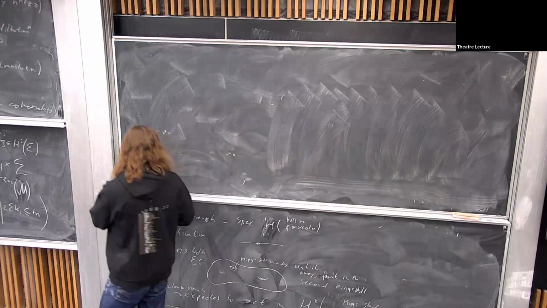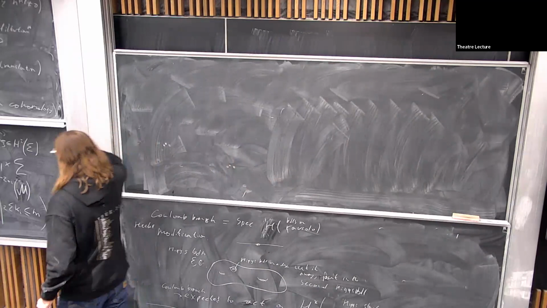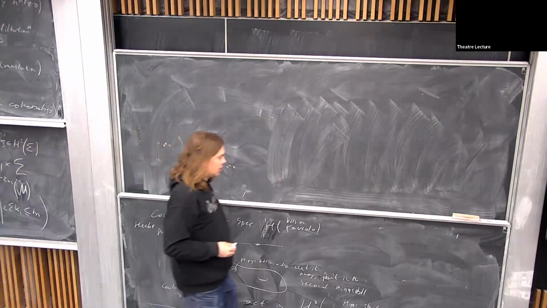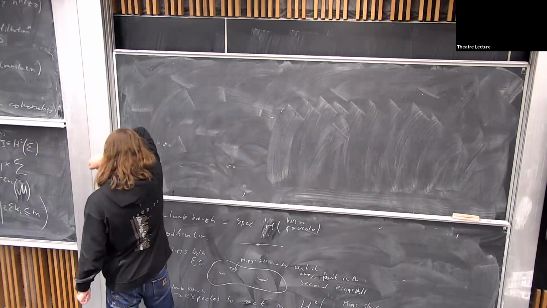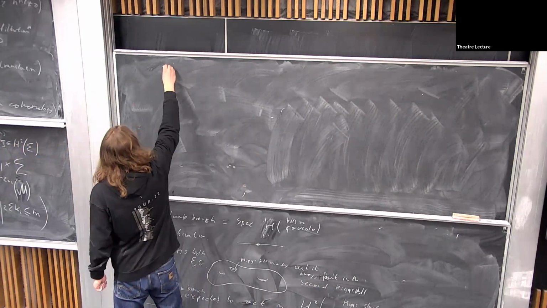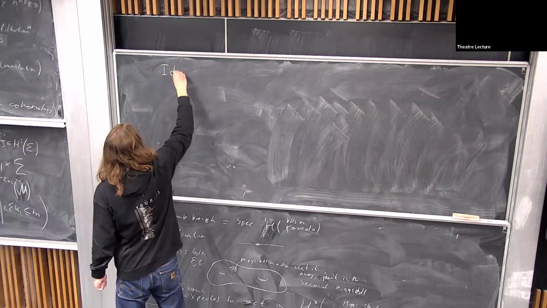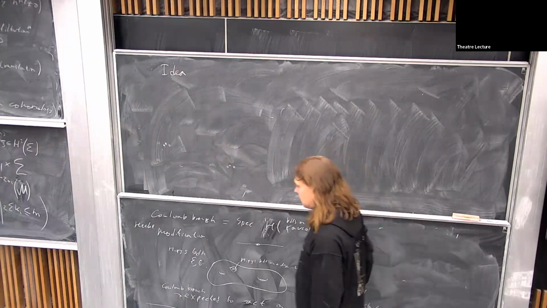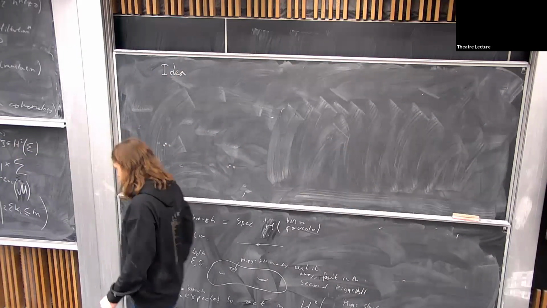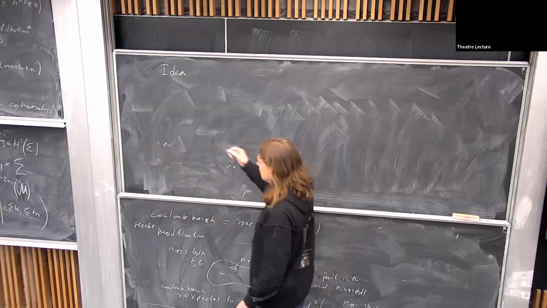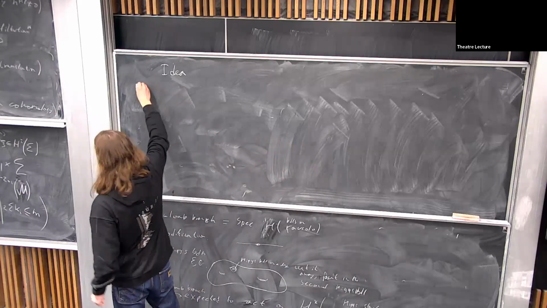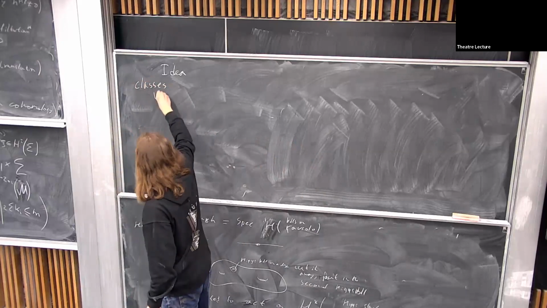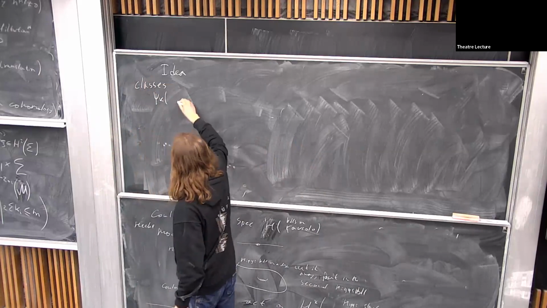So now the idea is that there are classes. For instance, on one side we can consider classes psi k over the point class.